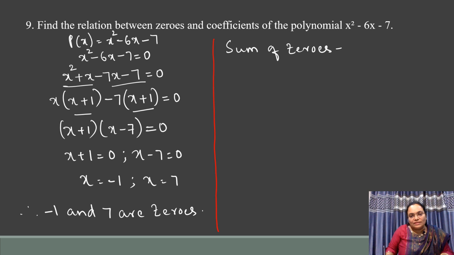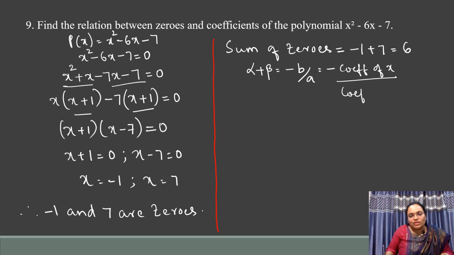Sum of zeros is −1 + 7 = 6. What is the sum of zeros? Sum of zeros, alpha plus beta, is equal to −b by a, which is minus coefficient of x by coefficient of x².